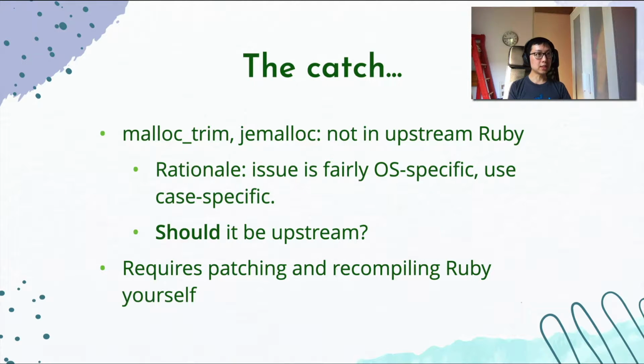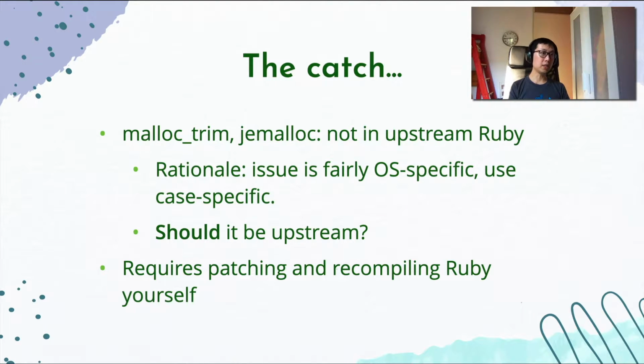However, neither malloc_trim nor jemalloc are currently integrated in upstream Ruby. And the rationale by upstream is that this issue is fairly operating system specific and also use case specific. So a question arises: should a solution even be included in upstream?